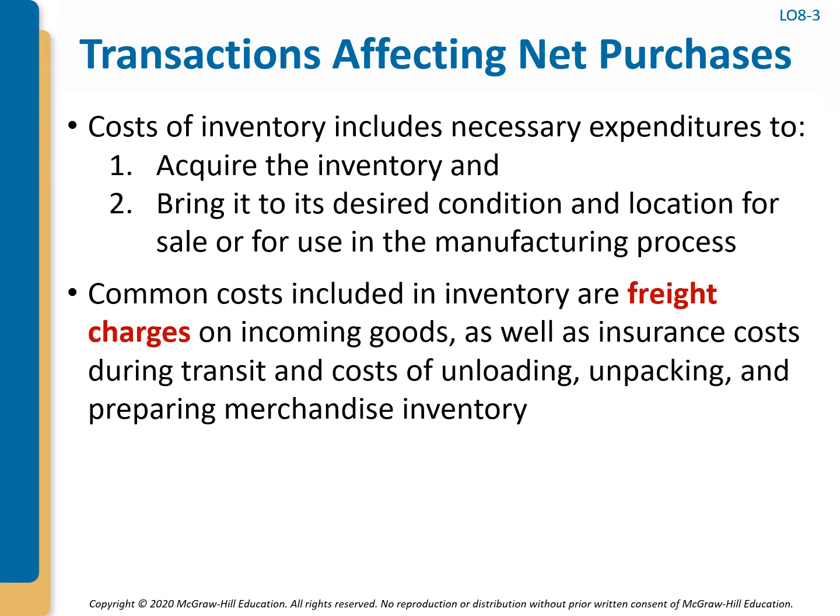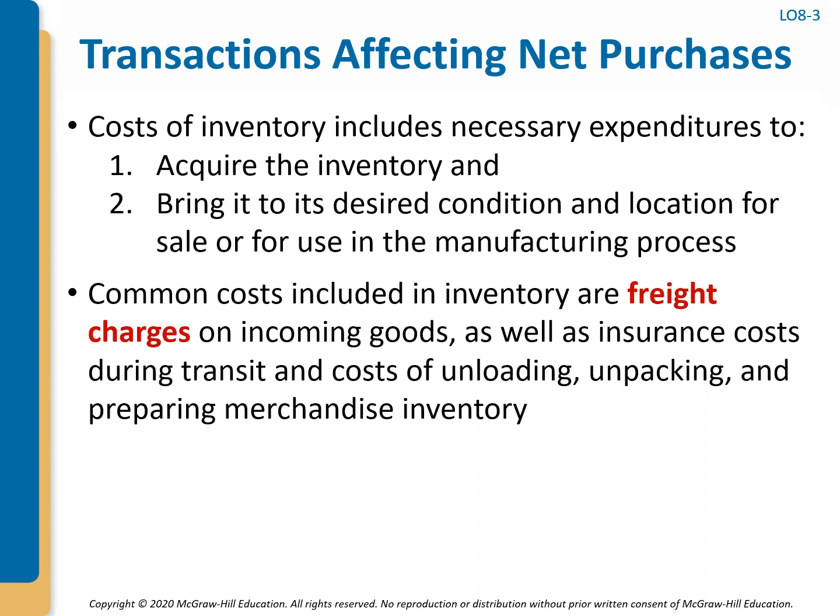Now we're going back to slide 3. Common costs include freight charges on incoming goods, insurance during transit, the cost of unloading, unpacking, preparing merchandise for inventory, maybe security, that kind of thing is all going into inventory costs.